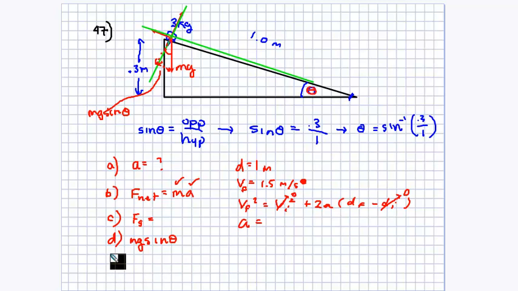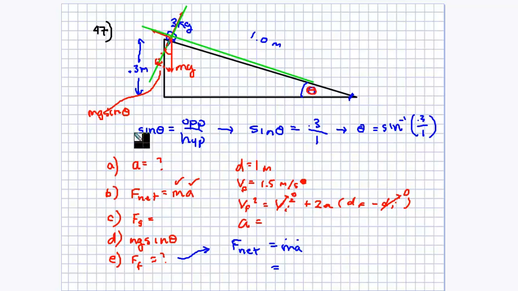For the next thing, we're trying to figure out the friction force, E. And the friction force is showing up right here. So how do we get the friction force? Well, maybe now it's time to write F net equals ma. Let's switch colors. We have F net equals ma. Do we know m? Yes. Do we know a?